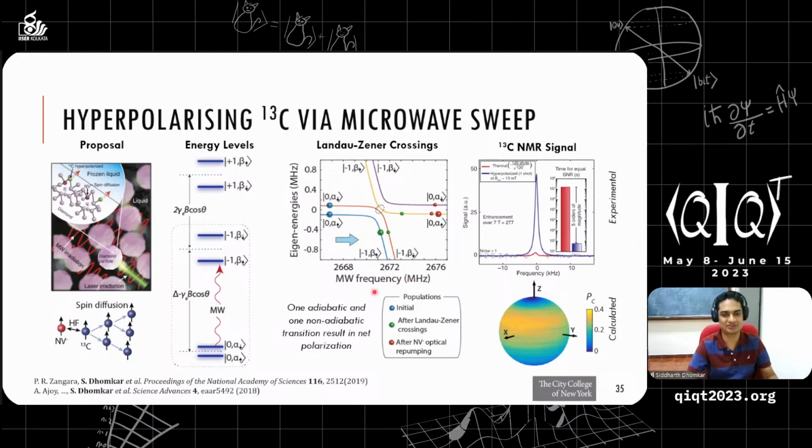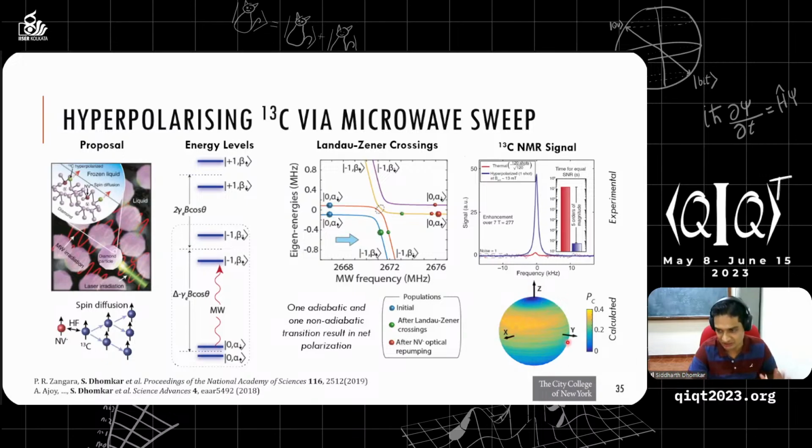What we are doing is that we have ensembles of nanodiamonds or microdiamonds, and we sweep microwave frequencies at a particular speed that allows certain transitions to be adiabatic and certain other transitions to be non-adiabatic, causing a net polarization at the end. And then it is very insensitive.